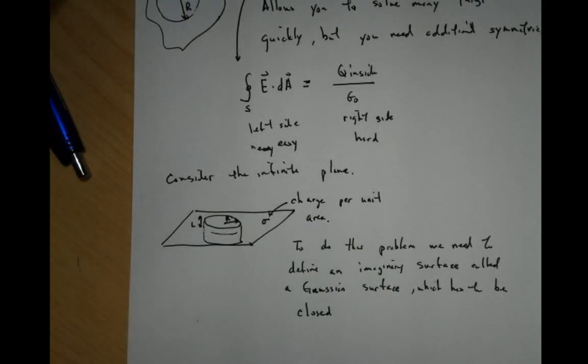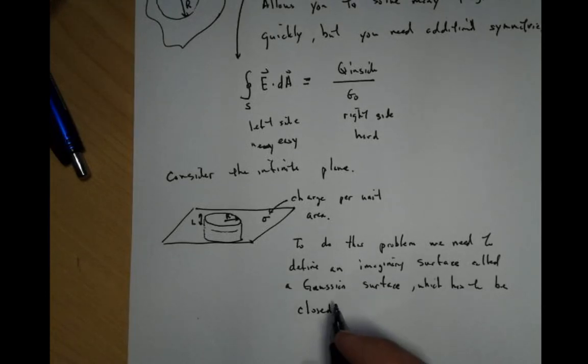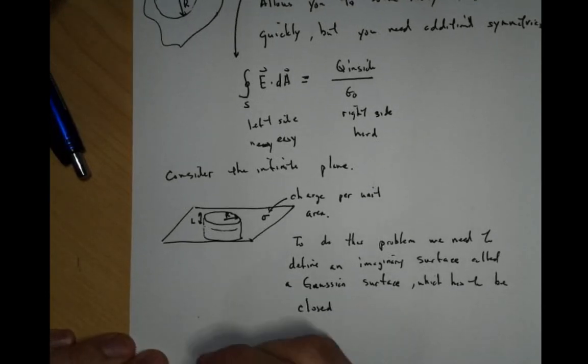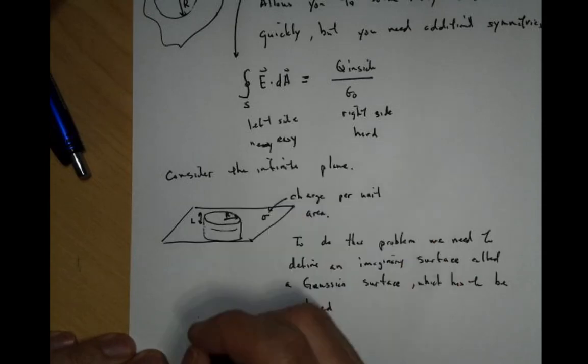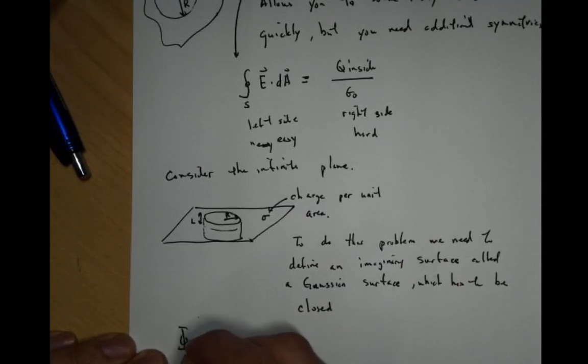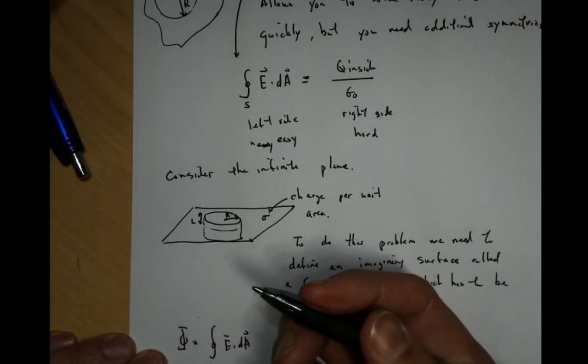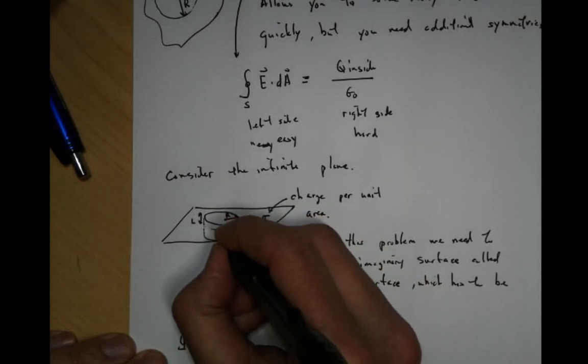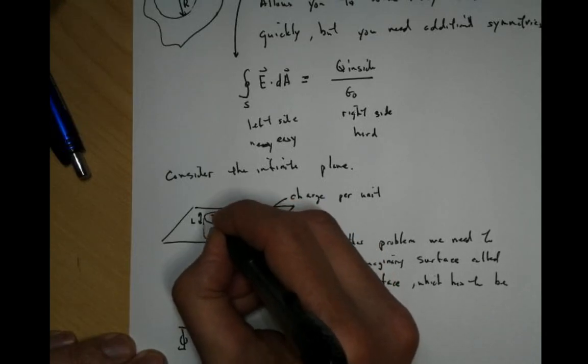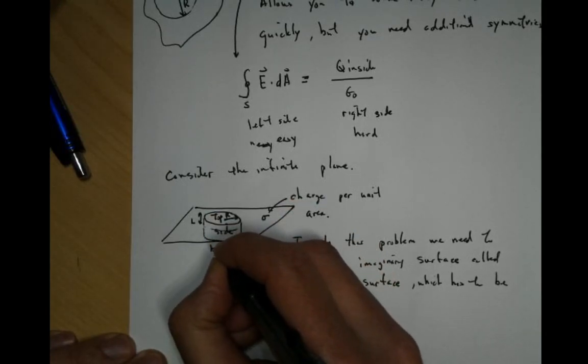It's like a little cylinder here. So how do we figure this out? We're going to figure out basically what phi is going to be. Phi is going to be the surface integral over S of E dot dA. There are several different surfaces here: there's the side, the top, and the bottom.